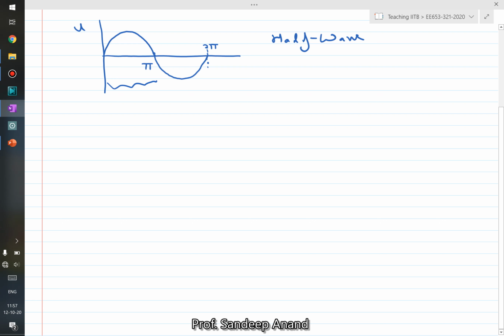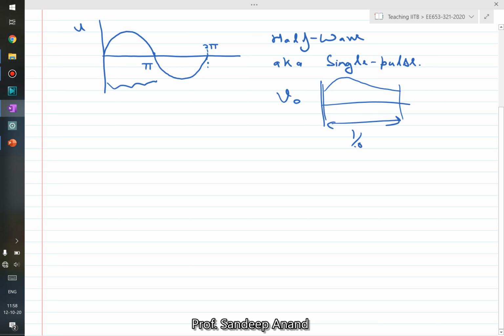The other thing is, it's also known as a single pulse circuit. Why is it called single pulse? Because if you observe the output voltage, it would usually have one pulse per 20 milliseconds, or rather 1 upon 50 hertz if your frequency is 50 hertz, or 1 upon 60 hertz if your frequency is 60 hertz, right?